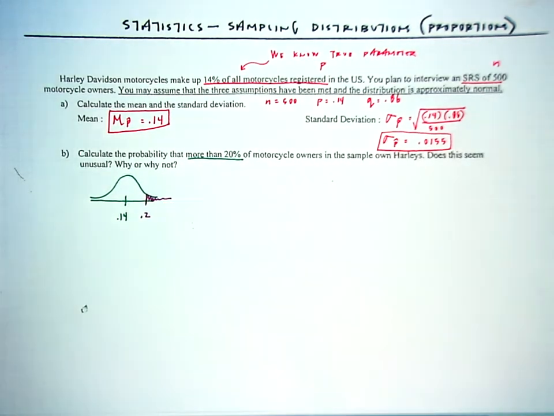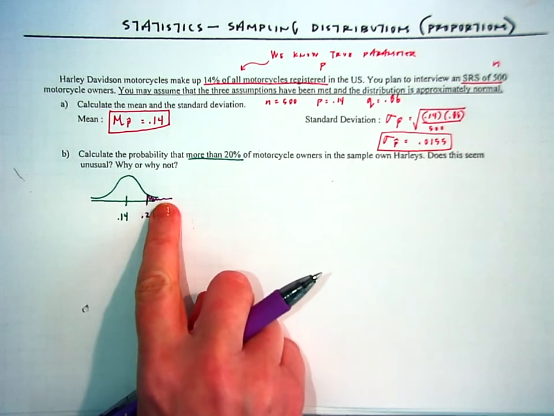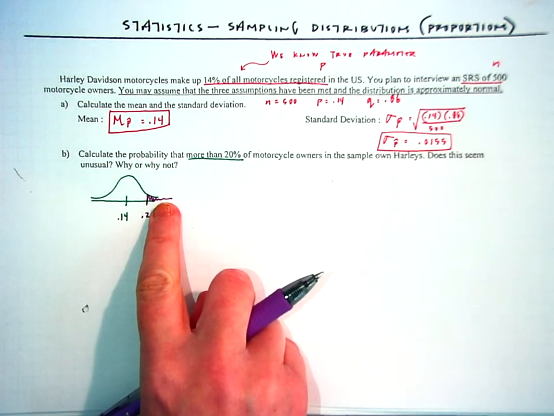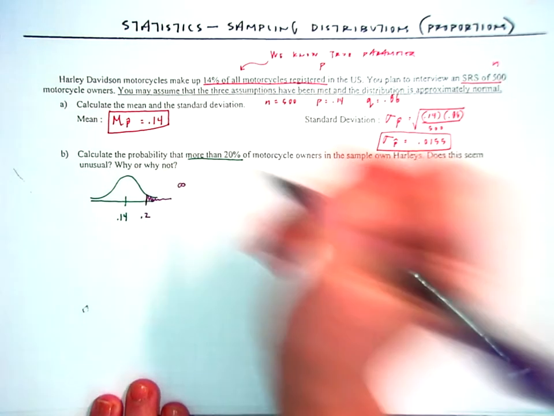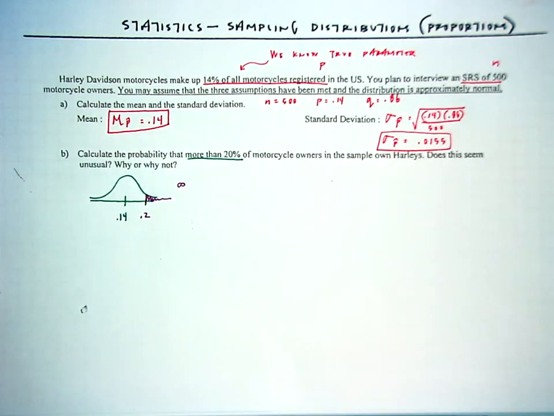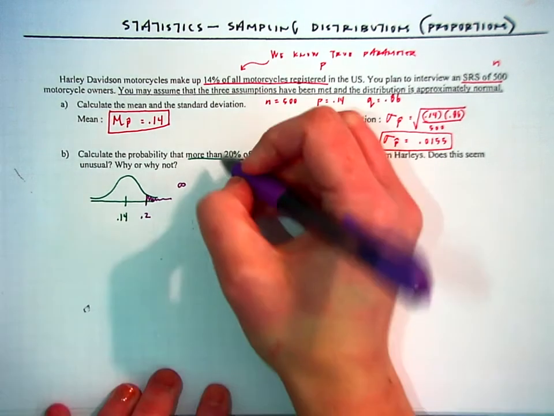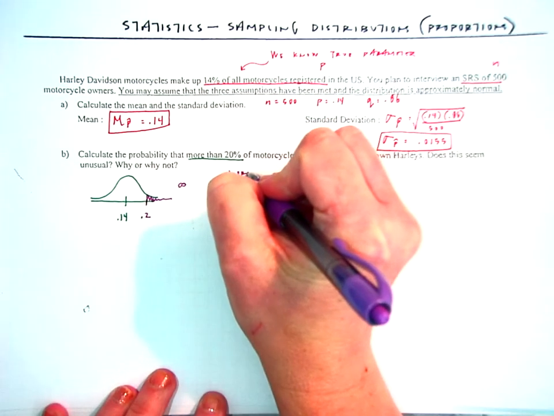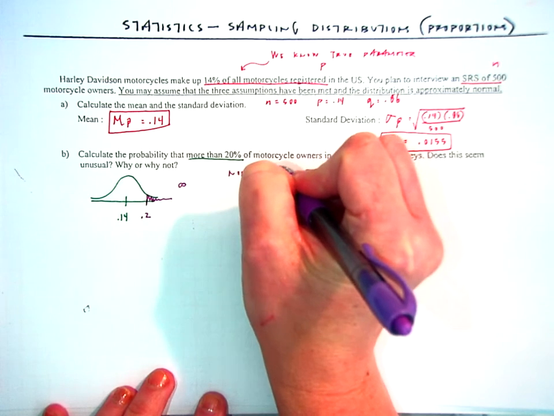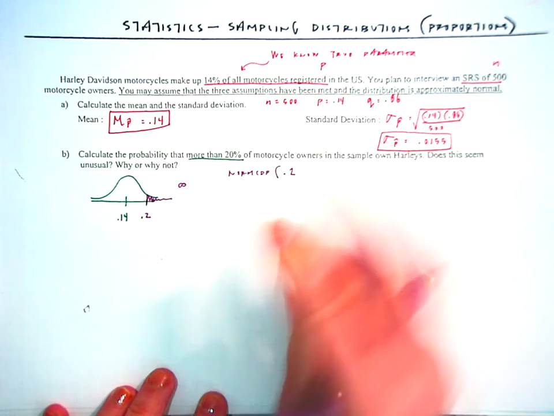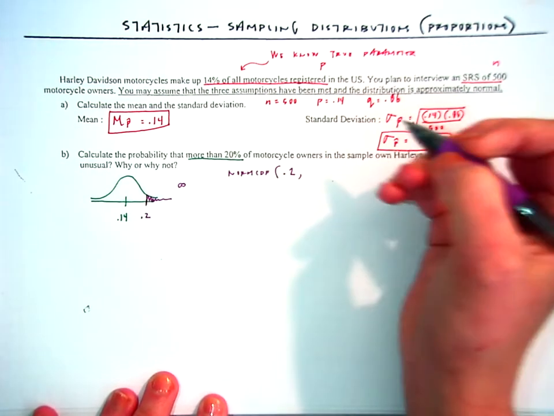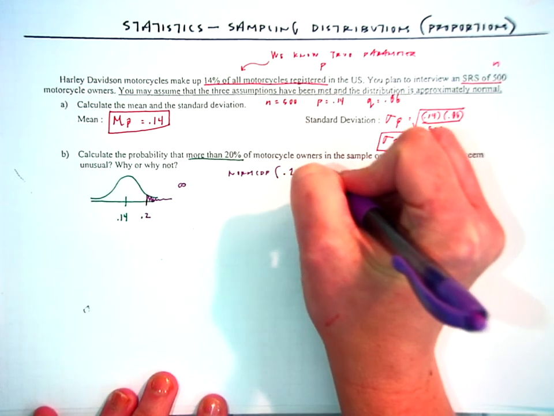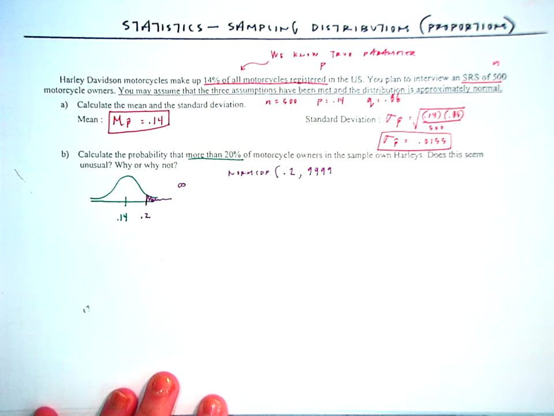Here, I'm trying to capture the area under my curve, and I'm just expressing that as a probability. Remember that over here is my infinity, and I need a placeholder for my infinity. I have not converted to z-scores, so I can base it off of my raw data. I can say normal CDF from 0.2 up to infinity. What's my placeholder for infinity? Something really, really big. So I'll use 9,999.